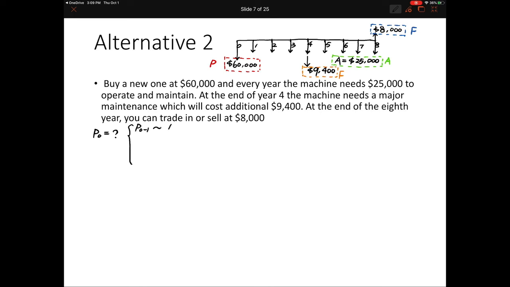So P01, the first part, is from the initial payment of the 60,000. Okay, and we said it is type P value, and it is cost, so it's negative. And the second part of the total present value is gonna be from the 9,400. That's a future value.